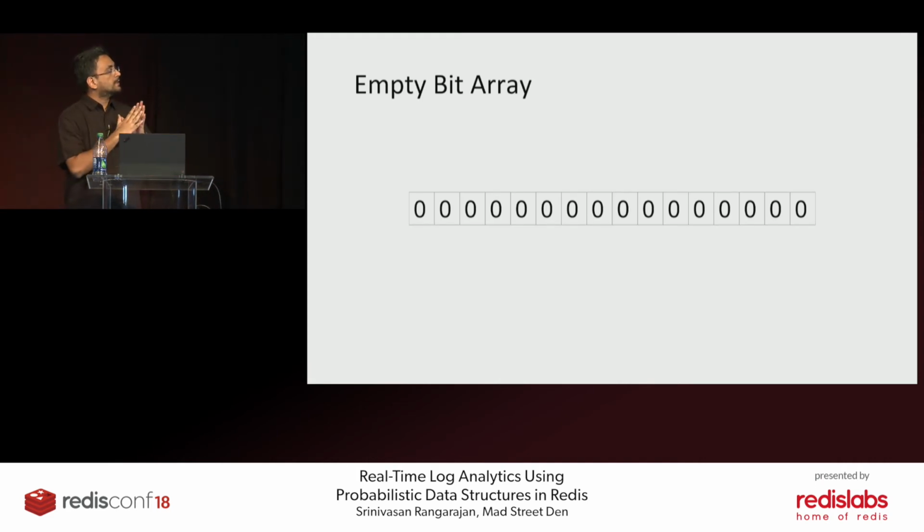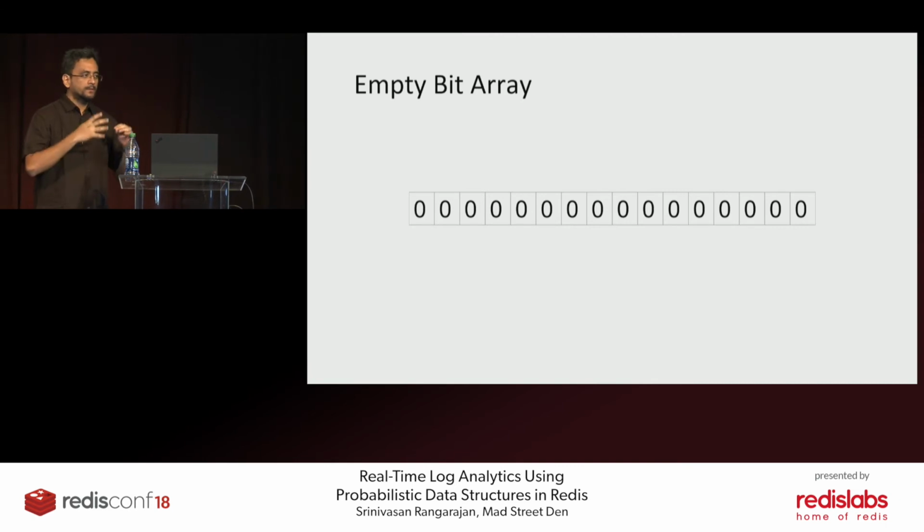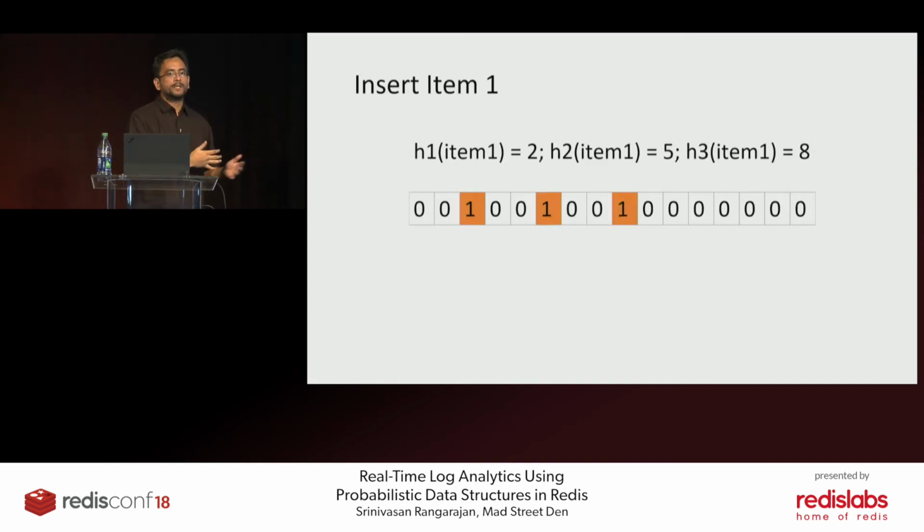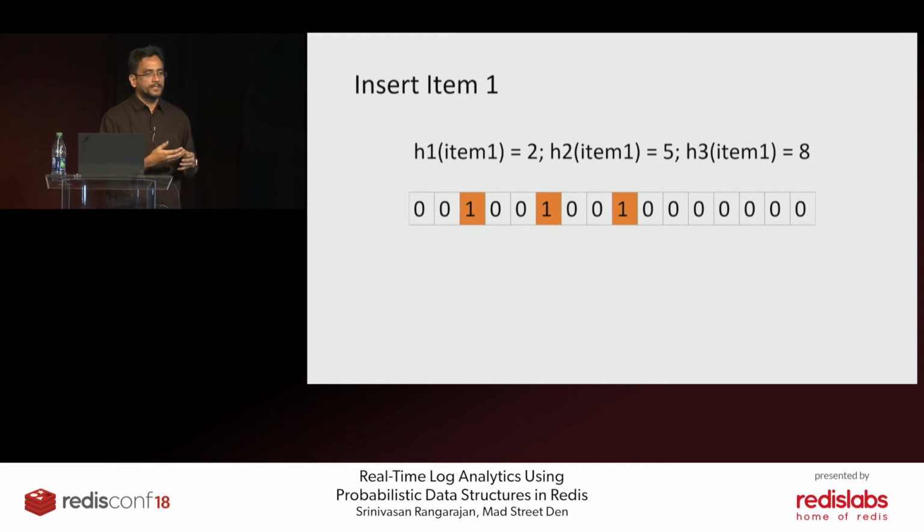So you have an empty bit array. In this case, I have 16 size bit array, but in practical purposes you would have a longer size. So you start with this empty bit array, and similar to count min sketch, here also you will use different hash functions, and in this case I am using 3 hash functions, h1, h2, h3, and I am adding item 1 to the Bloom filter, and the different values that the 3 hashes return are 2, 5 and 8.